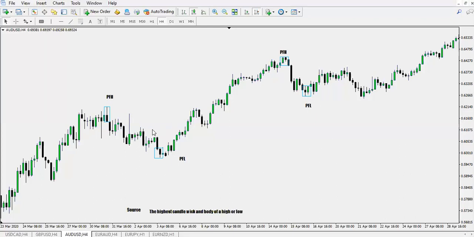So it's not too difficult to find the source. The source is basically the candle that was the highest or the candle that was the lowest of the price action when we made a peak formation high or a peak formation low. Okay, so that is our source.